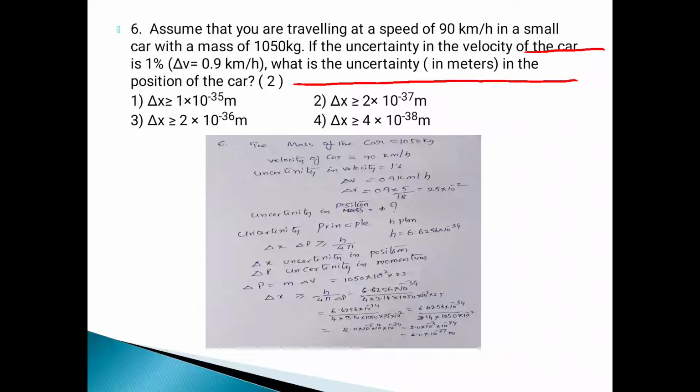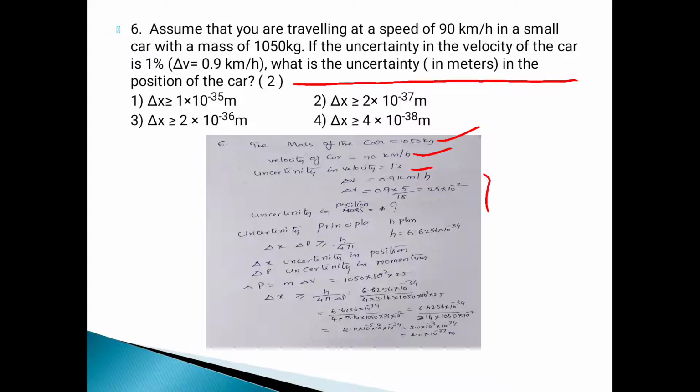Here the mass of the car is given as 1050 kg, velocity of the car 90 kilometers per hour, uncertainty is 1%, then we will get the uncertainty calculated as shown in this solution, 25 into 10 to the power of minus 2.